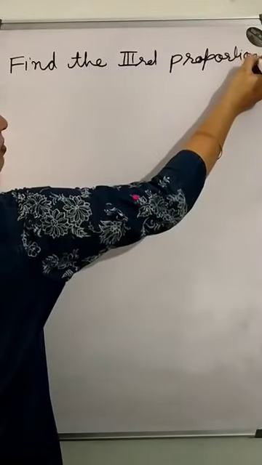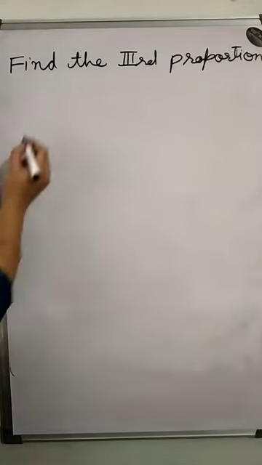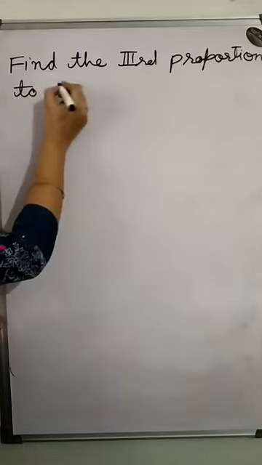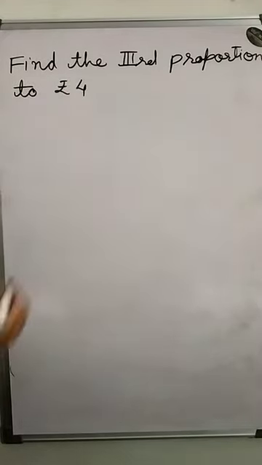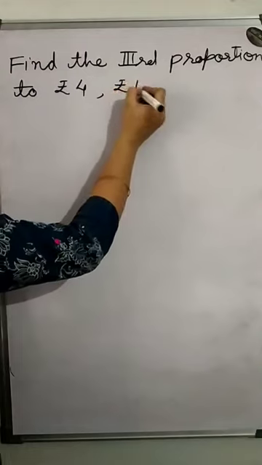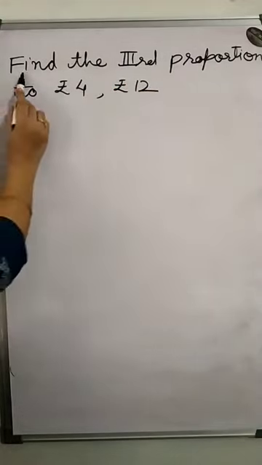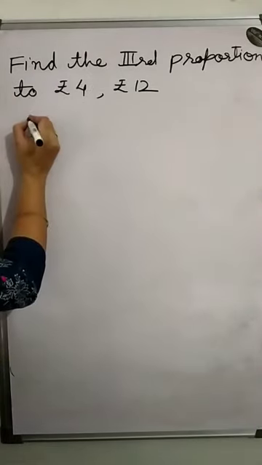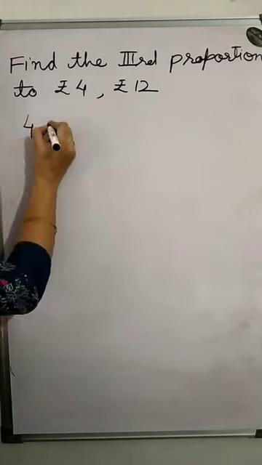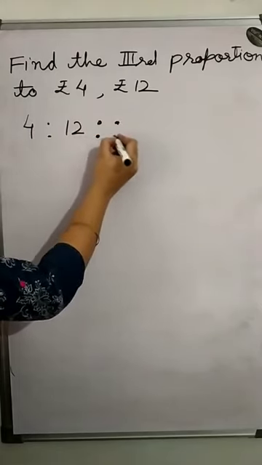In the next question, I will explain how to find the third proportion. So here the question is, find the third proportion to rupee 4 and rupee 12. So how do we calculate? We write down 4 ratio 12 and the symbol of proportion.